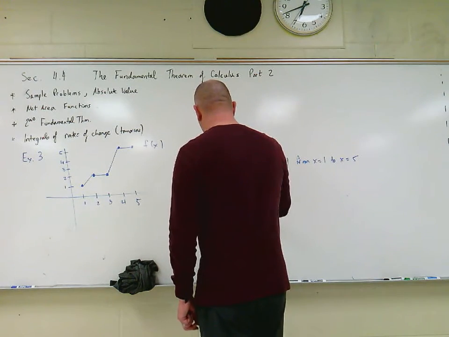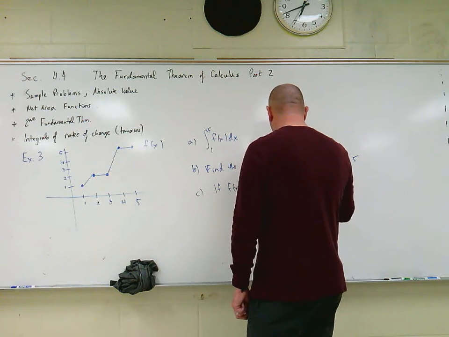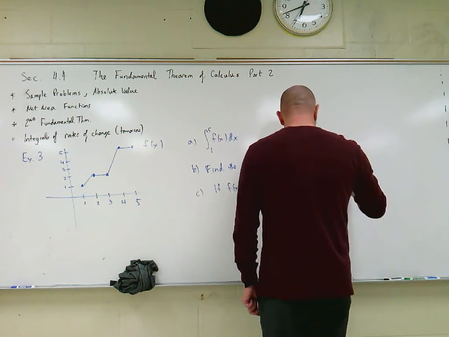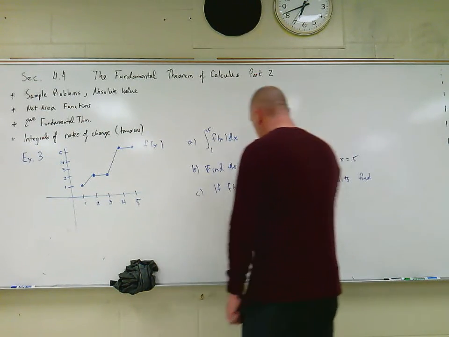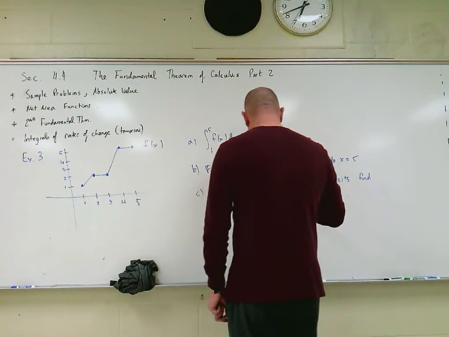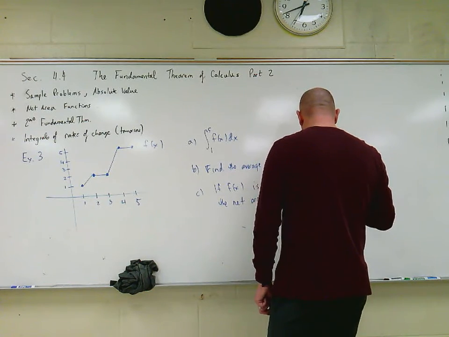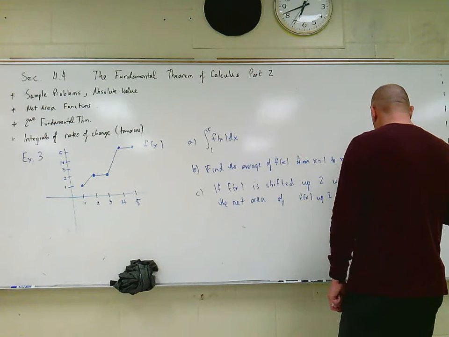Part C. If f of x is shifted up 2 units, find the net area of f of x from x is 1 to x is 5.